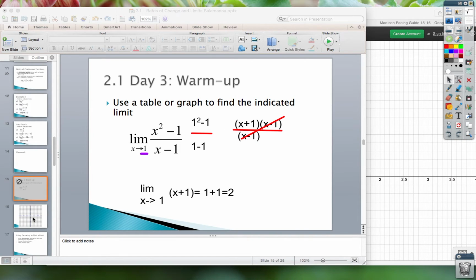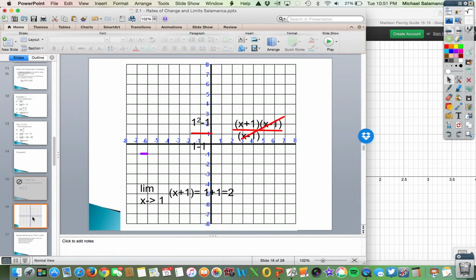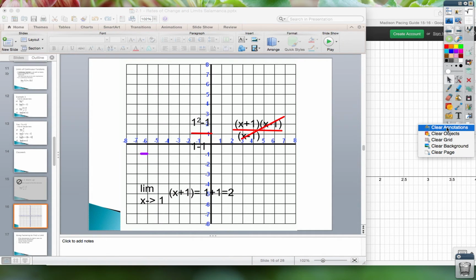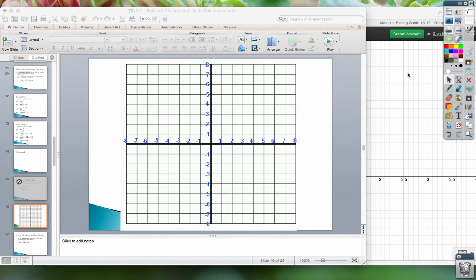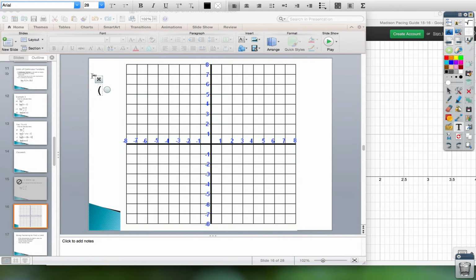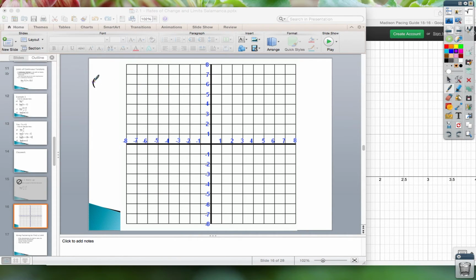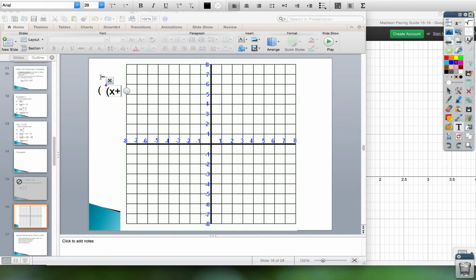Now here's how this works. If we take a look at the graph itself, we had x plus 1 times quantity x minus 1 all divided by x minus 1.